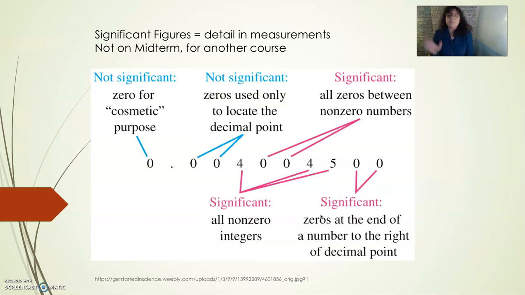I'll give you a little bit more on significant figures. Significant figures, remember, are all about detail. So numbers that have to do with details are known as and counted as significant figures.